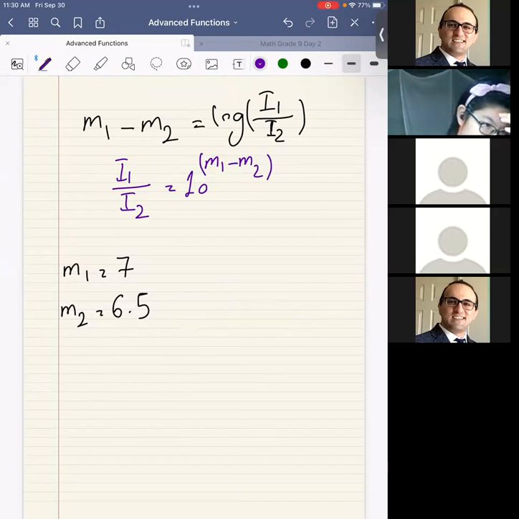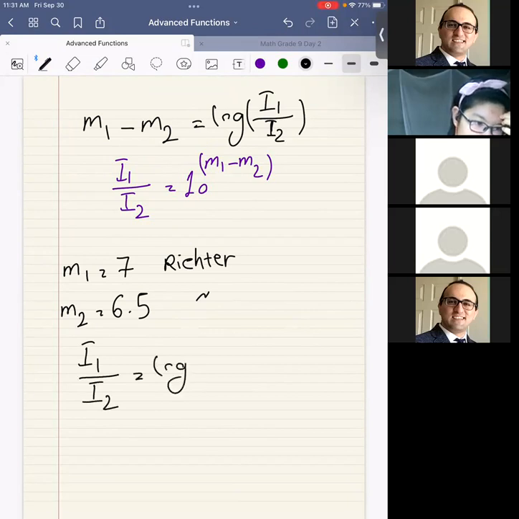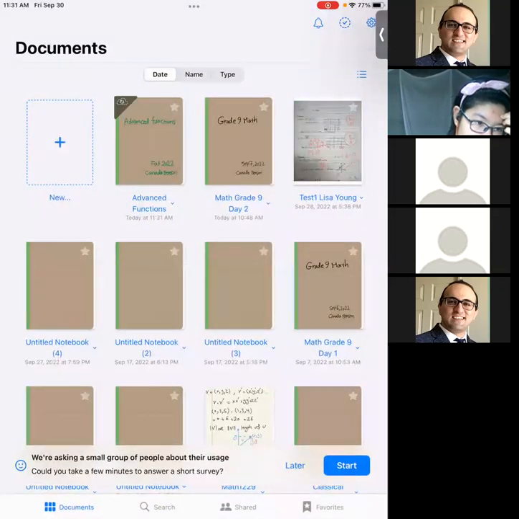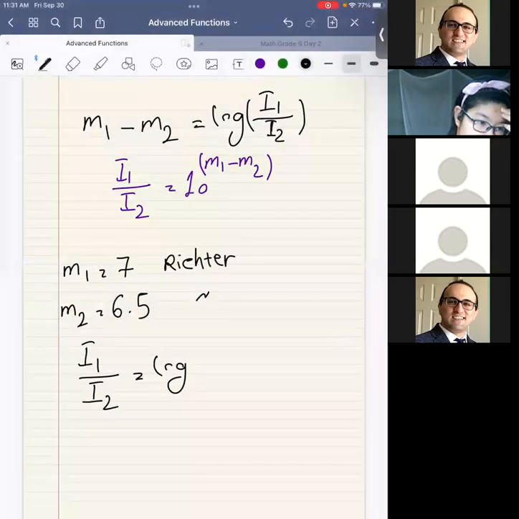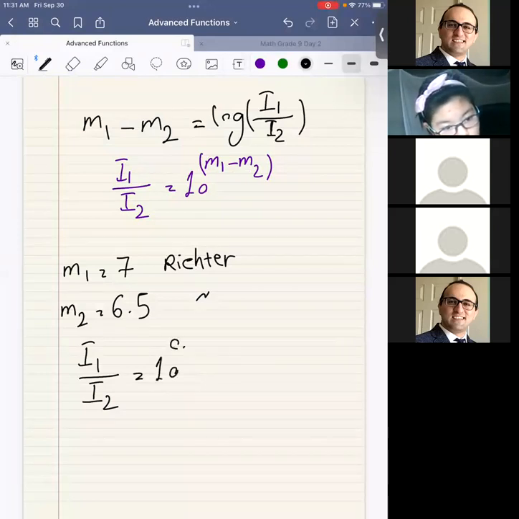M1 is 7 Richter, so I1 divided by I2 is 10 to the power 0.5.